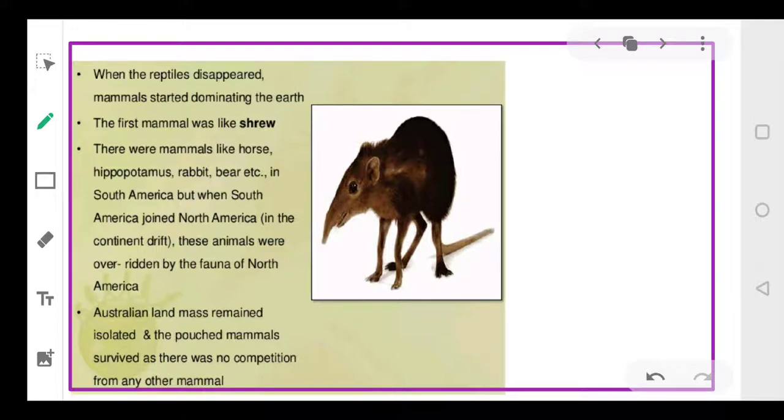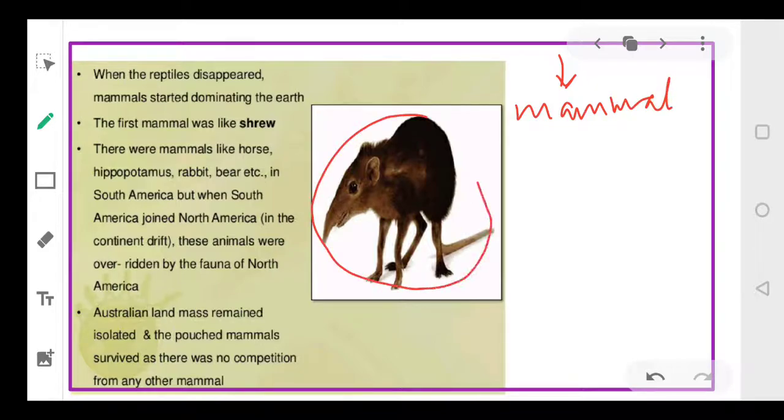And then came the first mammal. Okay, after the dinosaurs, the first mammal came, and this first mammal was shrew-like. Okay, it was a shrew-like mammal, and the fossils that have been discovered are very, very small. From the fossils we can tell that these mammals were very small in size.